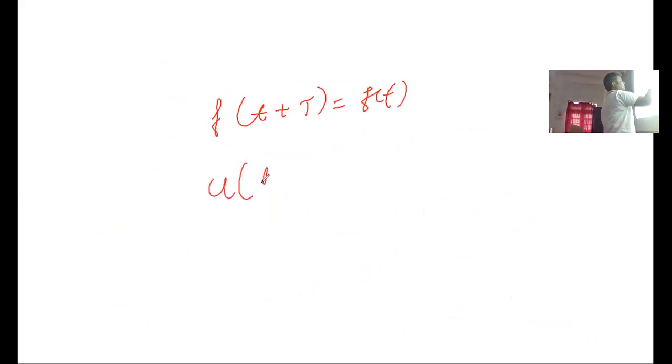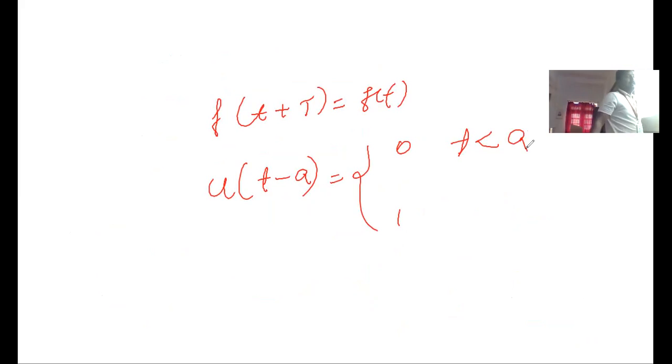Same here, f of t plus t is f of t only, and here we have u of t minus a with two values, 0 and 1.